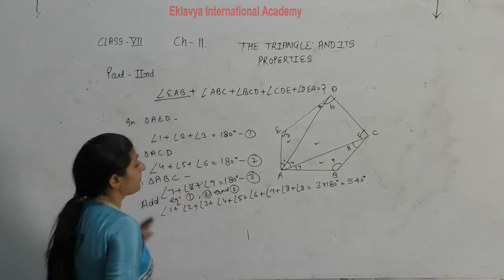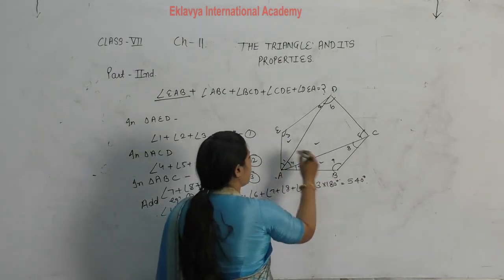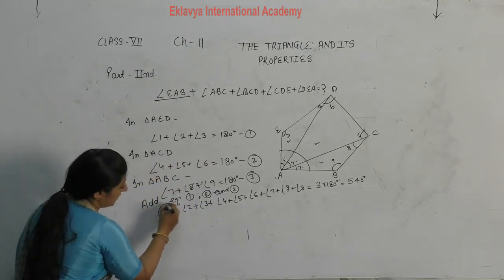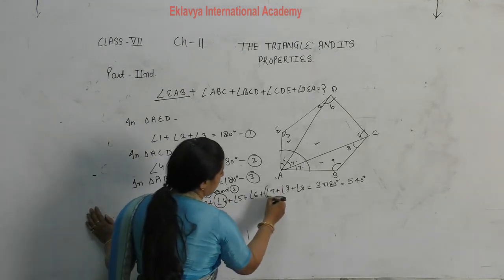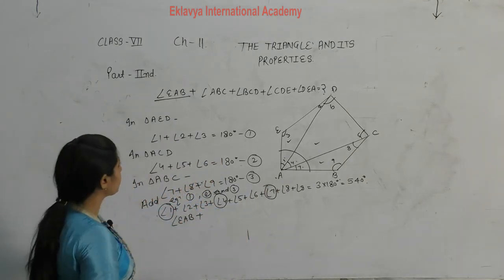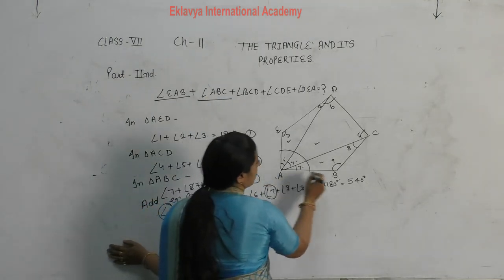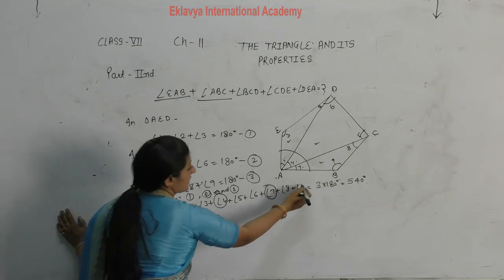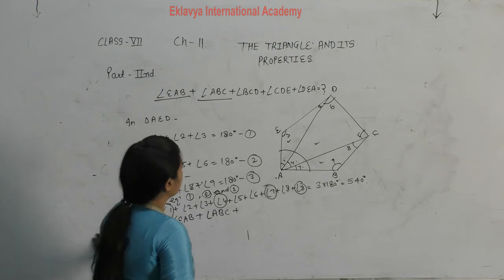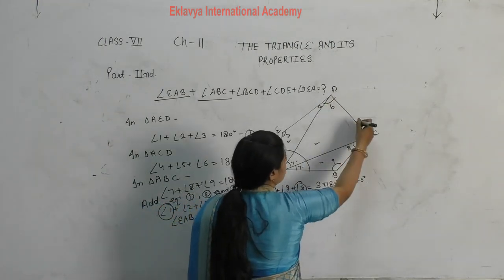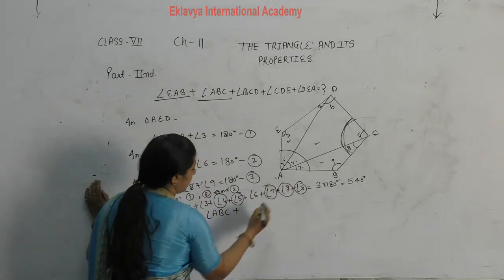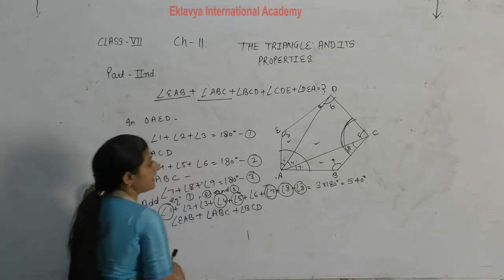Now see what we need. Angle EAB is angle 1 plus 4 plus 7. These 3 angles together give EAB. The next angle I need is ABC, which is directly angle 9. Now I need BCD, which is only 5 and 8, so 5 plus 8 is BCD.